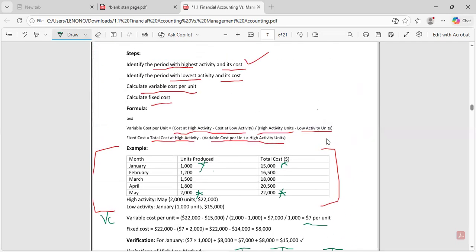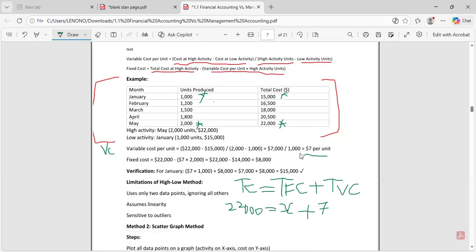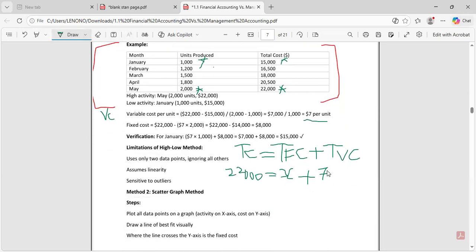So the formula is here. It will be variable cost multiplied by activity units. So 7 multiplied by activity units, 2,000 here, is 14,000.